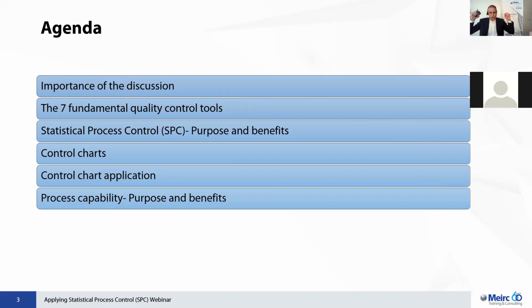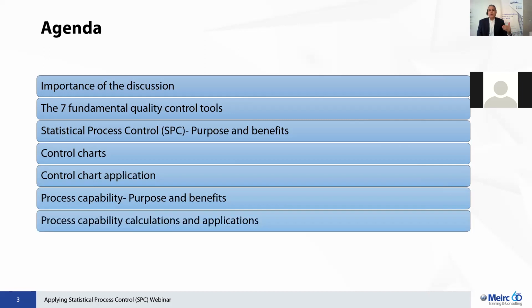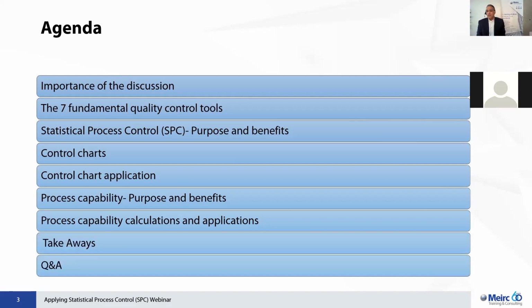Now, define good, we will talk about that and see how we can use it in every type of process to understand the process capability in meeting customer demands and customer requirements. So we will practice and maybe take an example file where we can generate a process capability chart and then read it. Takeaways and then Q&A.